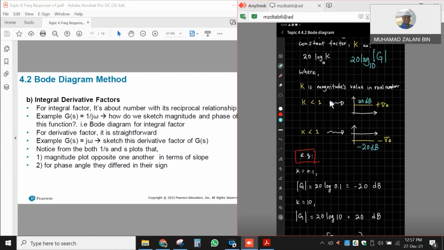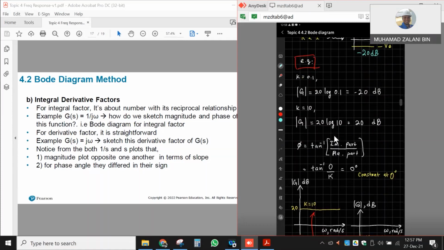Actually, I've made some mistake. This is k greater than 1. You should expect positive decibel, for example positive 20 decibel. If k is smaller than 1, then it is supposed to be negative magnitude, but constant.